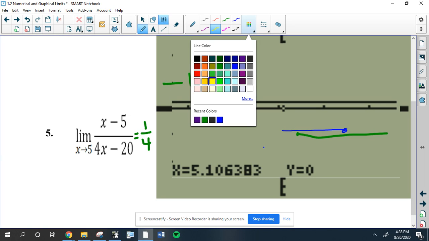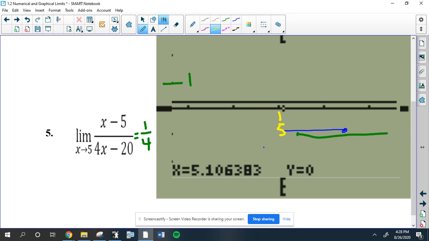There should not be a part of the graph that goes through 5. So what it really looks like here is at 5, it has an open circle. But again, that's a good point for limits. The limit still exists because the limit never actually gets to the value. It just approaches it. So the limit doesn't even know there's an open circle there because it will never get to 5. It just thinks it's 1/4 on both sides.